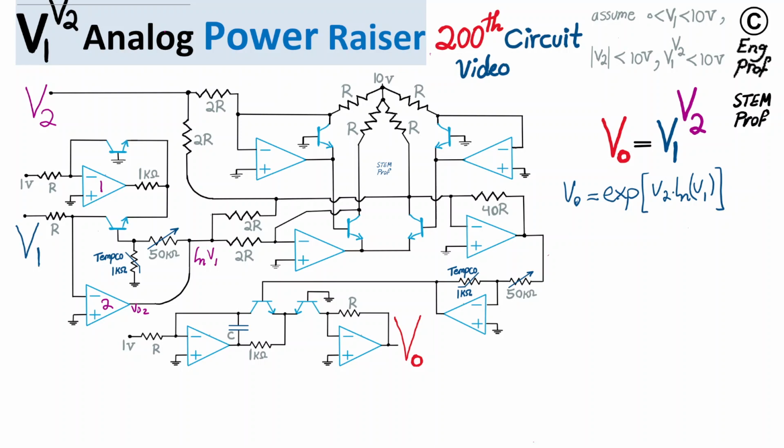To achieve that, let's start with the assumption that these two transistors, T1 and T2, the NPN bipolar junction transistors, are matched transistors. They are on the same substrate, so they're very close to each other. They share the same process and temperature property.